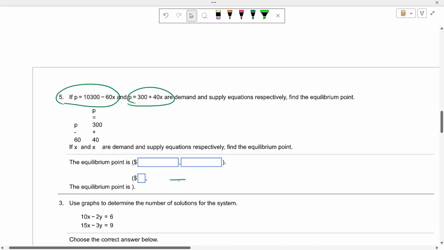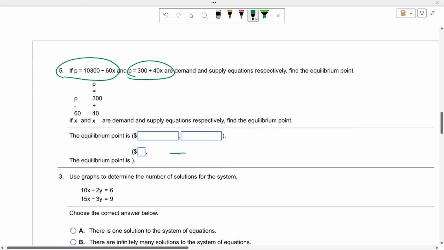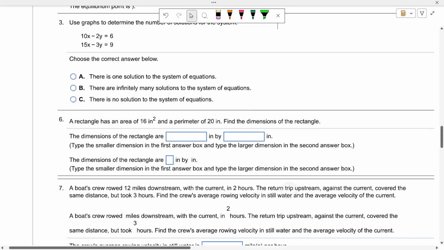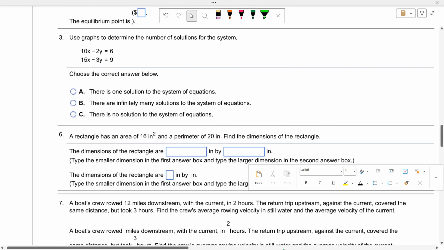Yeah. So the end of this blank is this blank. So yeah, just find P and X. Again, get the graph, get Y alone, solve it, graph it.